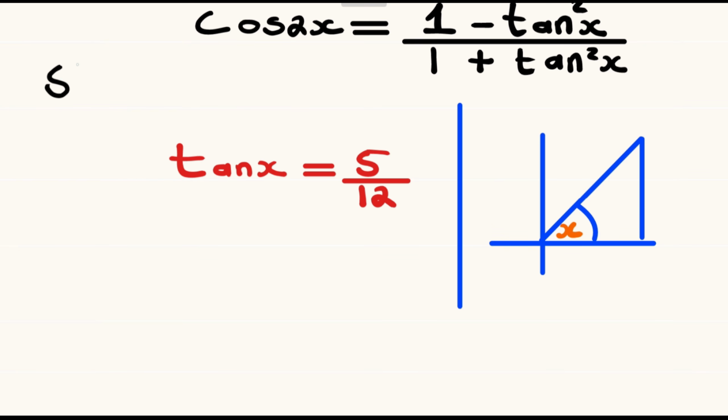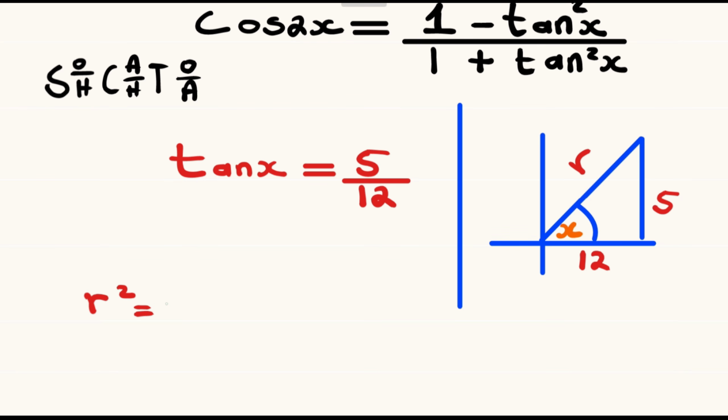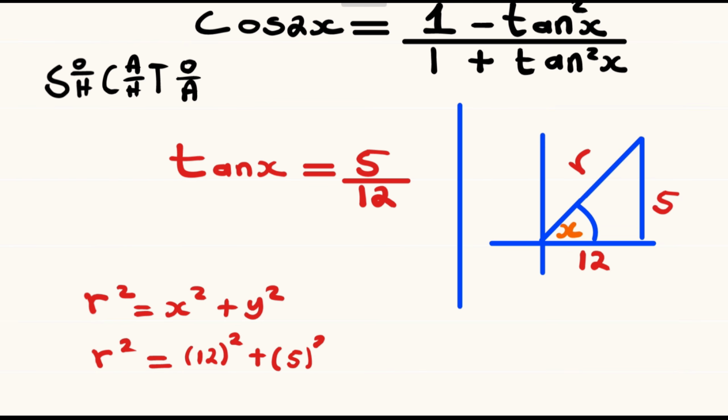From here, we introduce our CAST diagram, and tan is opposite over adjacent, so the 5 will be our opposite and the 12 will be our adjacent. We have to determine the hypotenuse, the r. By theorem of Pythagoras, we have r squared is equal to x squared plus y squared, where our r squared will be equal to the x, which is 12 squared, plus y is 5 squared.